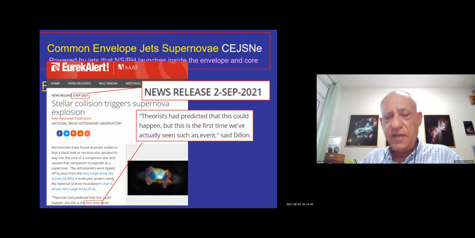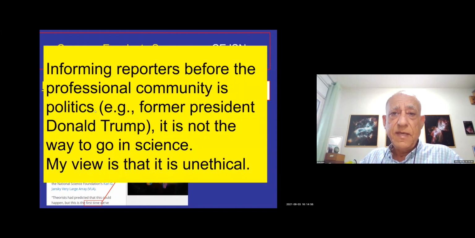I disagree. I pointed out two earlier events that were also suggested to be common envelope jet supernova events. But in order to publish it in Science and in the press release, you need to have it. This is not on the main journal in astrophysics, astro-ph, and it is not there.